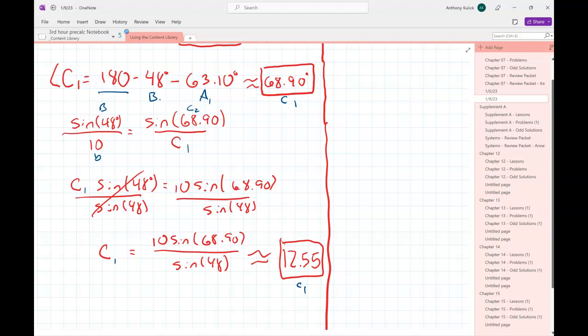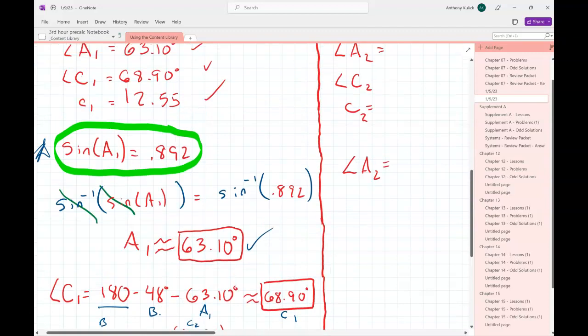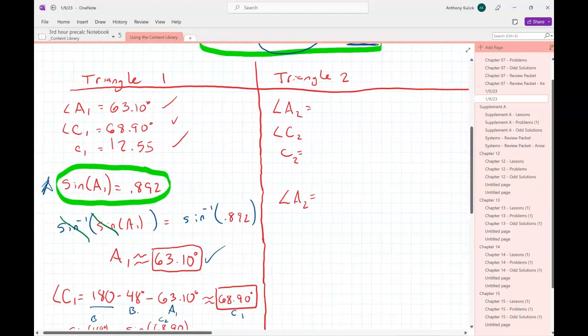Now let's go back and get our second set of answers for the second triangle. Here's the good news: the answers for the second triangle are slightly easier to get than the answers for the first triangle.